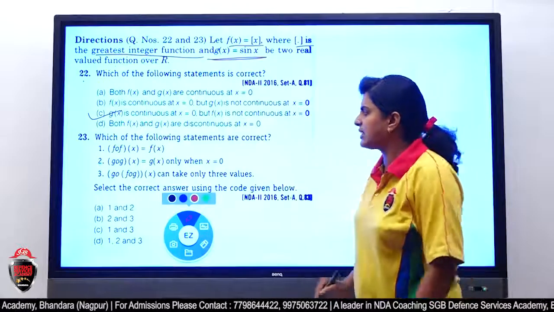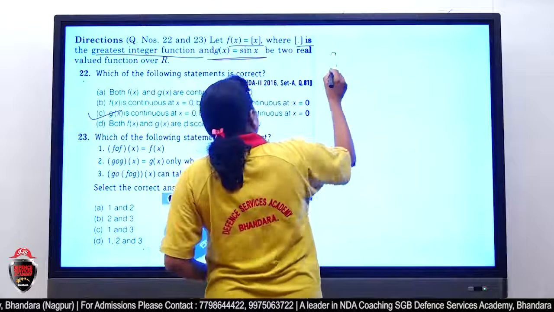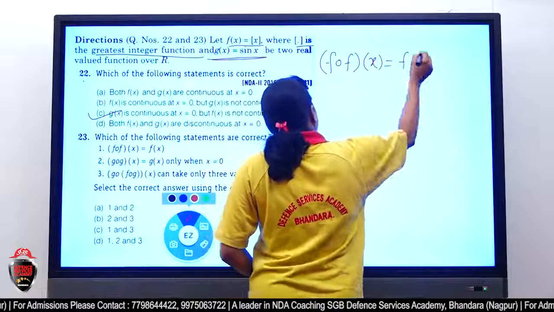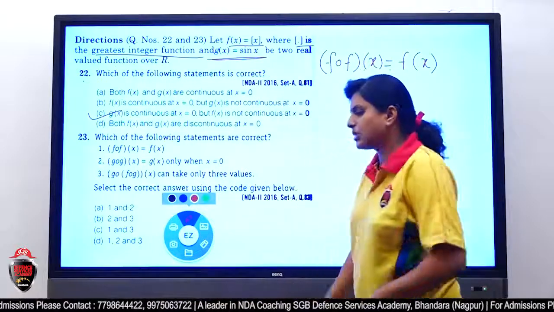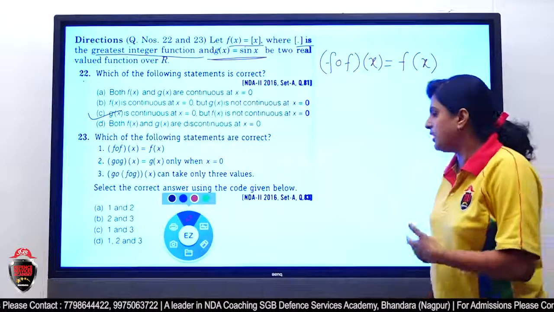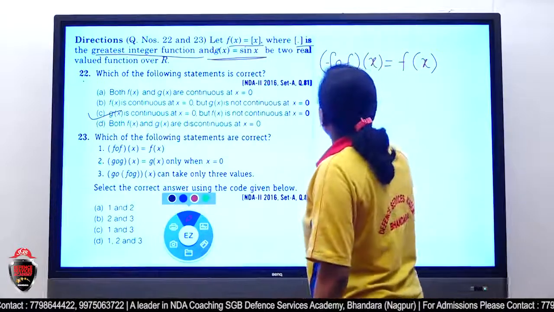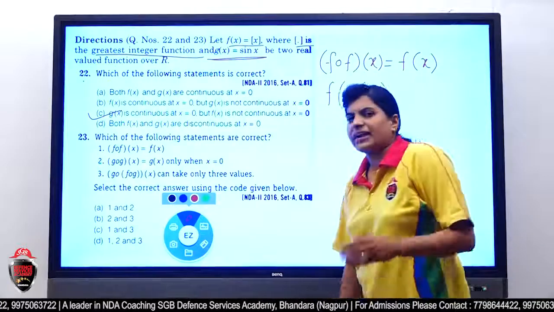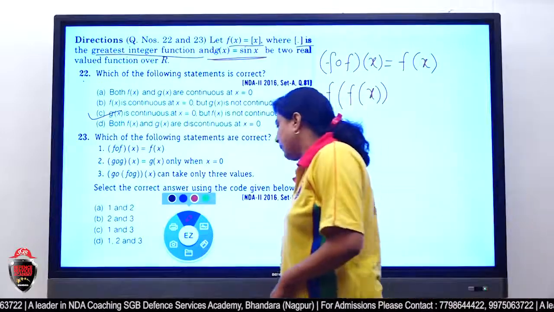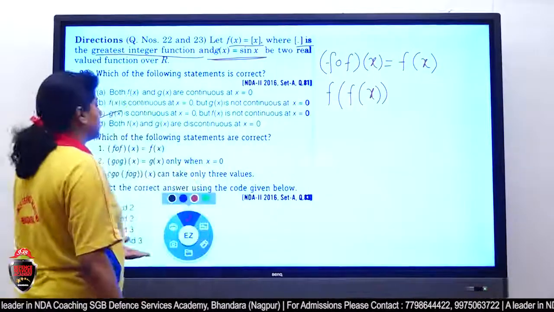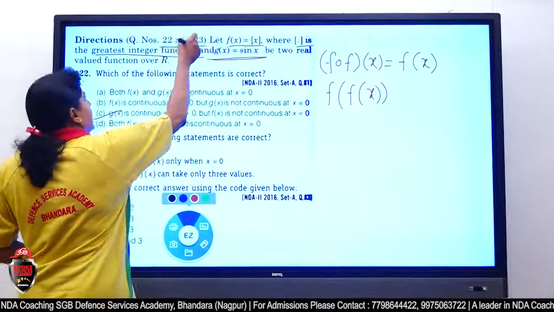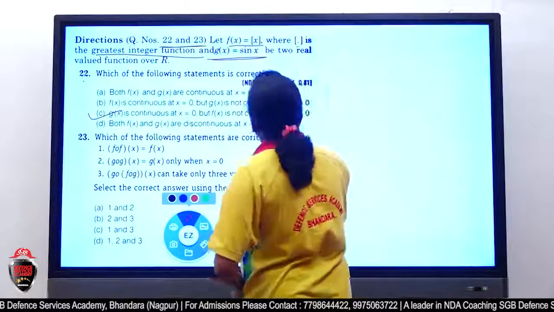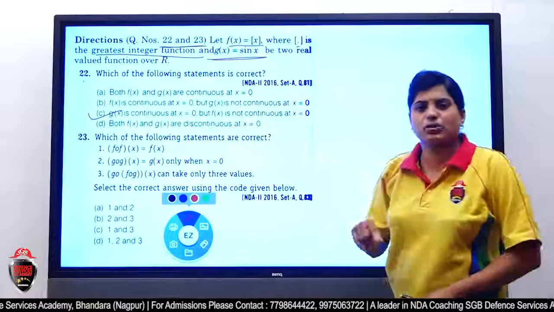So first one is given, f compose f of x, which is equal to f of x. Is this possible or not, that is what we have to see. See beta, first we will write f of x, and for f of x it depends on how you go. So 22, 23, both the questions, again I repeated, both the questions are based on the direction.